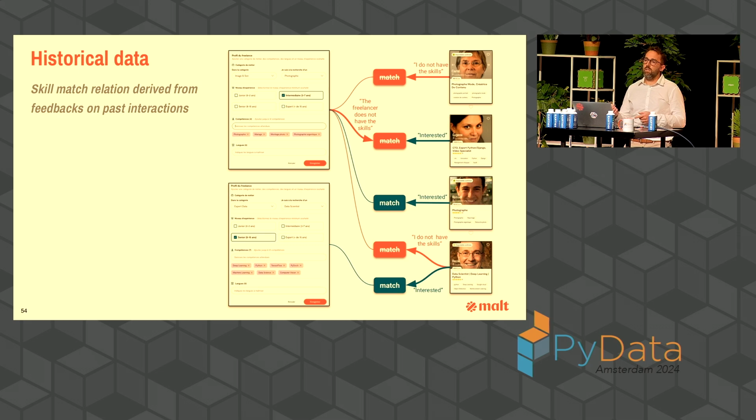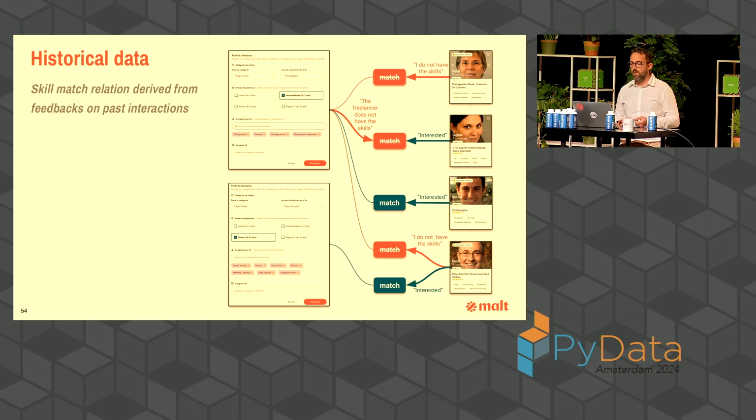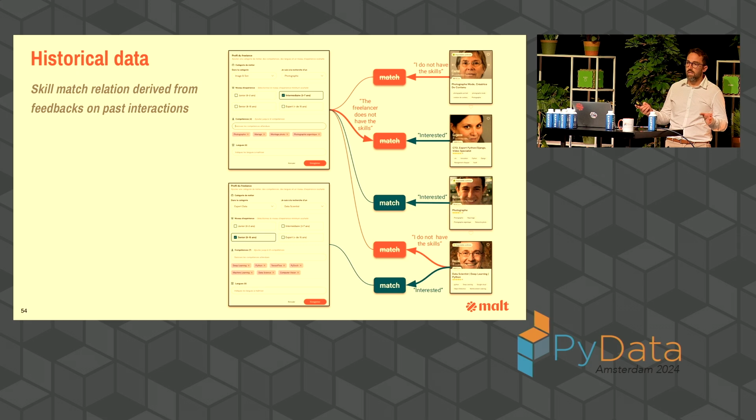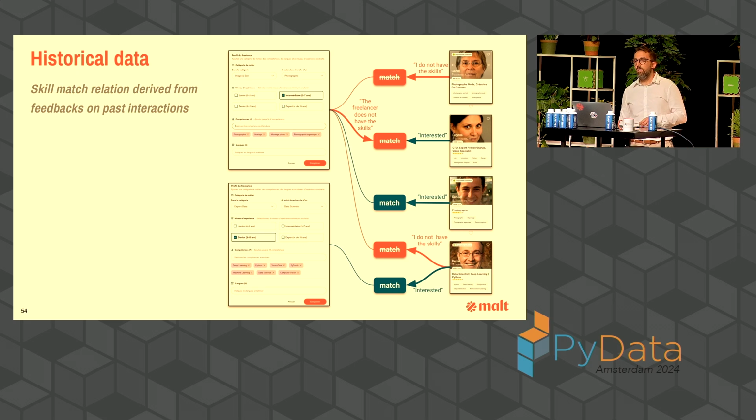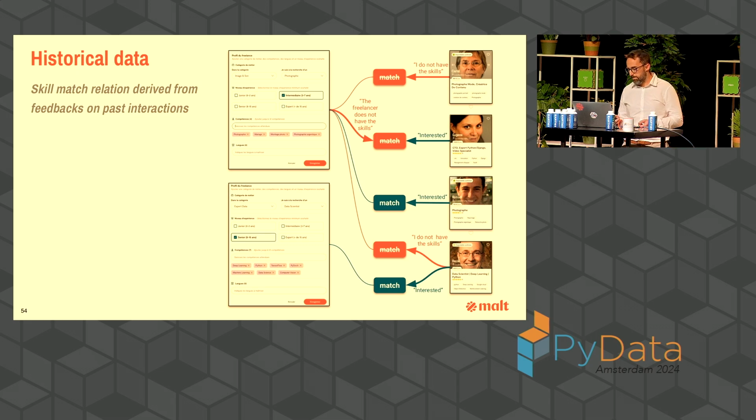Likewise, the client can say the same thing about freelancers that are interested. They can say, I don't think that this freelancer has the right skill. So overall, we can use this feedback as a proxy for skill matching. If everyone is interested, we consider that a good skill match. If one of the parties has a doubt, then we consider that a bad match.